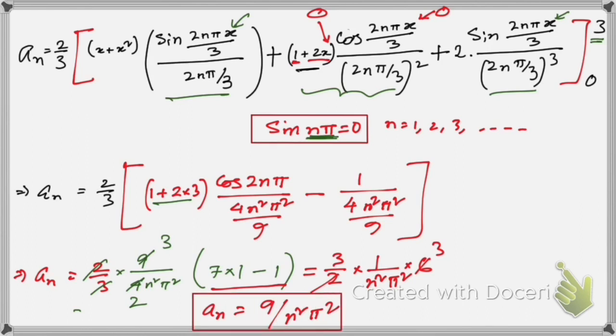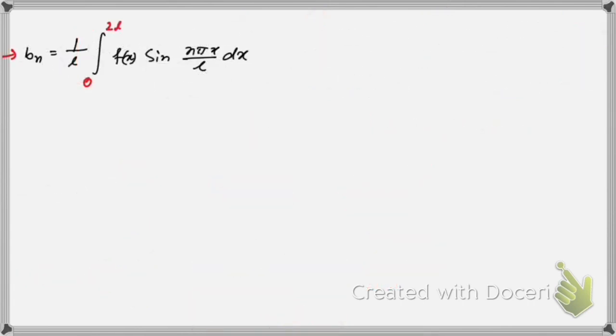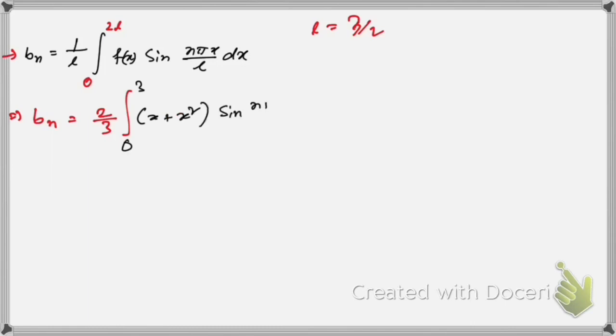Now let's find bn. Okay, so this is how we're going to calculate bn. So here l is equal to 3 by 2. We have got this from the value of l. So if you put this value of l, then bn will be equal to here 2 by 3 integration from 0 to 3, right? Then f of x is again x plus x square, then sine n pi x by l dx.